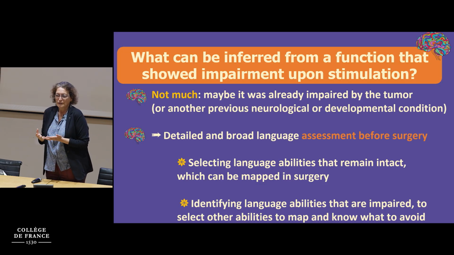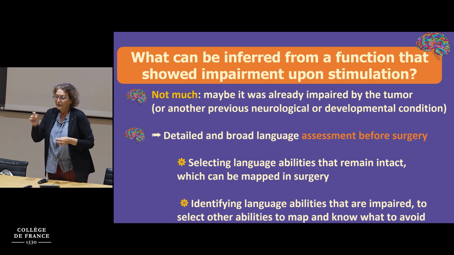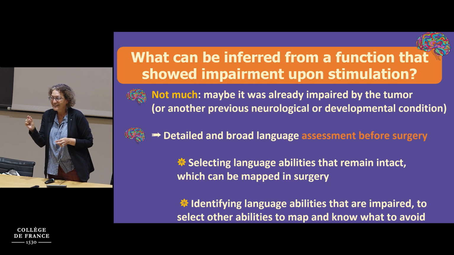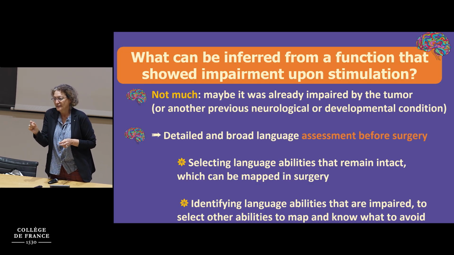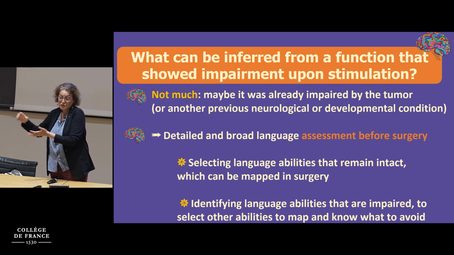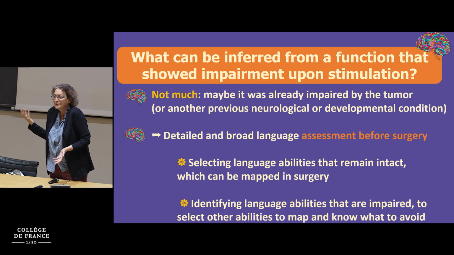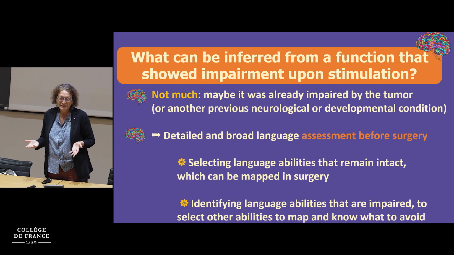So how can we infer in surgery, in these very, very precious sequences of 3 seconds, that this is the area that we are looking for that is related to object relative? Maybe he failed because he has a problem in object relatives. Maybe it's not because of the tumor. Maybe he has a premorbid developmental language impairment. So what do we do?